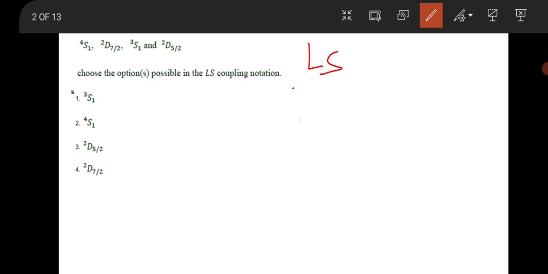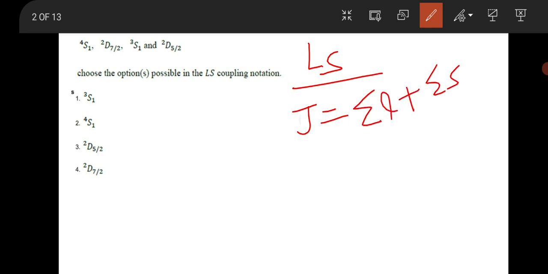In LS coupling you get total J, that is nothing but the summation of all L plus the summation of all S. First consider 4S1.